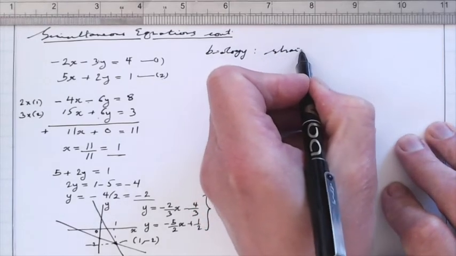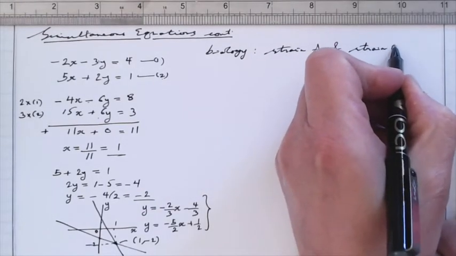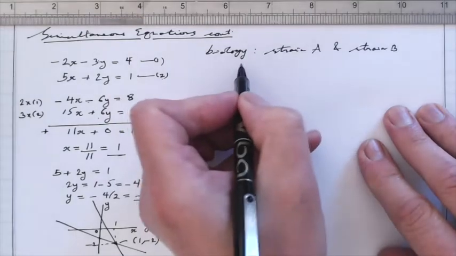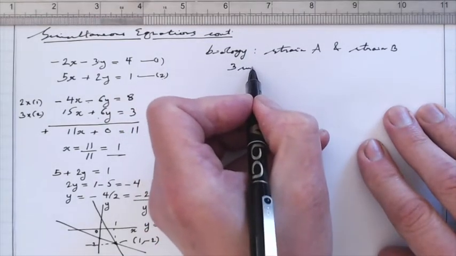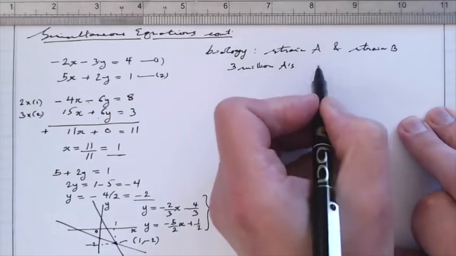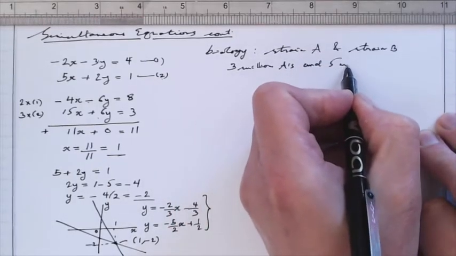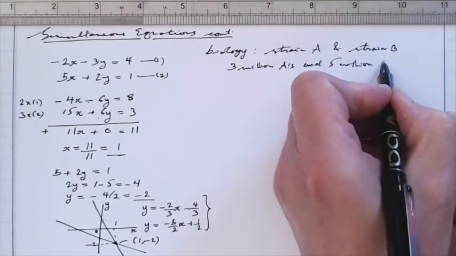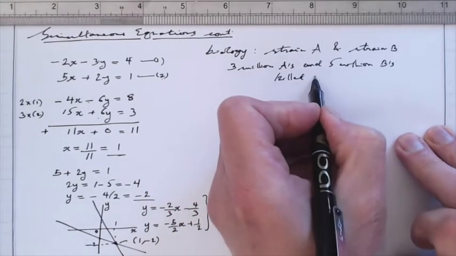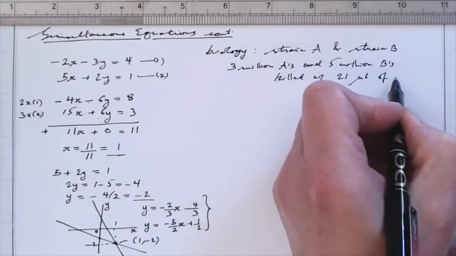So we have strain A of bacteria and we have strain B of bacteria, and it's found that 3 million bacteria of strain A and 5 million bacteria of strain B can be killed with 21 microliters of antibiotic.